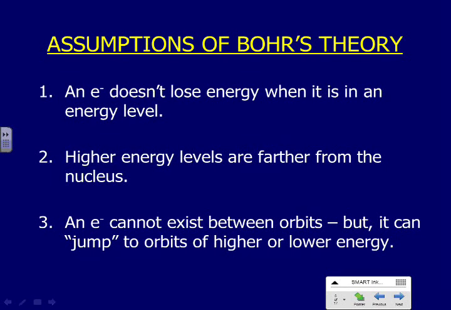Bohr said you can have an electron here at 1, or you can have the electron here at 2, and it can jump between 1 and 2, but it can't exist between 1 and 2. That would be the same as you climbing the steps to your bedroom at night, climbing each step, but as you go from step 1 to step 2, you don't exist between the 2 steps.